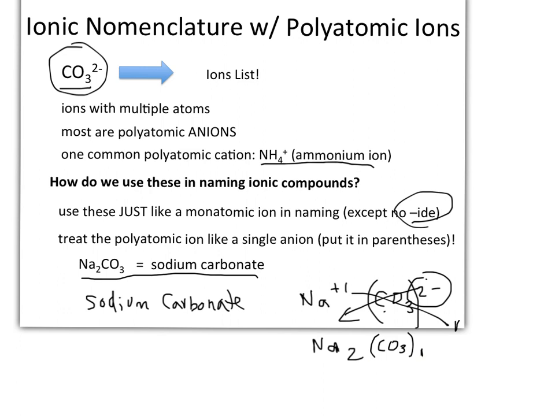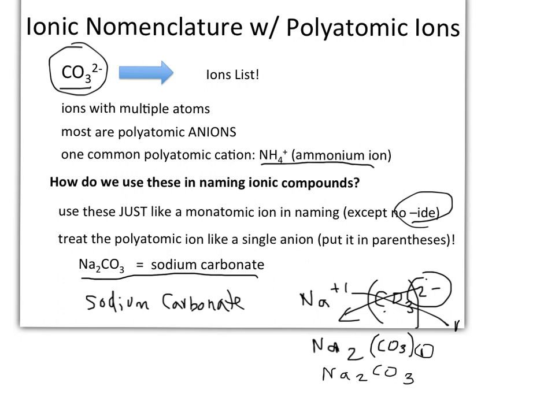So these parentheses also happen to be a redundancy. There's no reduction in the charges, so I can just write this very simply as Na2CO3. Okay. Now, if I needed more carbonates in order to balance out the charge on the sodium, I would keep the parentheses, and obviously this number would be larger than 1.